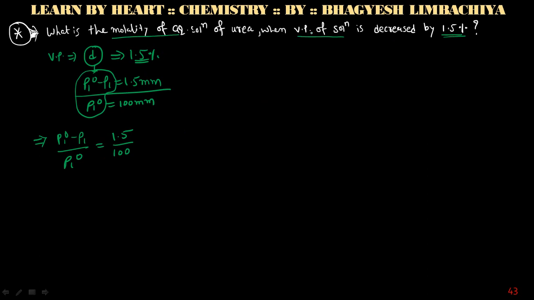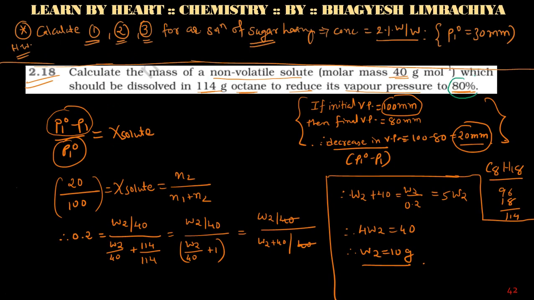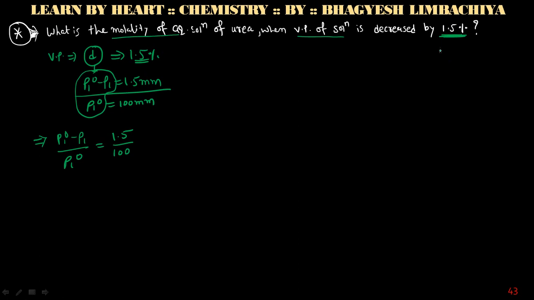अगर decreased by 2% दिया होता तो 2 by 100, 5% दिया होता तो 5 by 100. अगर ऐसा दिया हो कि vapor pressure of solution is decreased to 92% मीन्स 100 पे 8, वो तो आगे हमने किया देख लो. आपको दिया है decrease to 80%, तो हमने 20 लिया था ना, 20 decrease होगा. तो यहाँ पे आपको कंपल्सरी ध्यान रखना है when vapor pressure of solution is decreased, to लिखा है या by लिखा है?